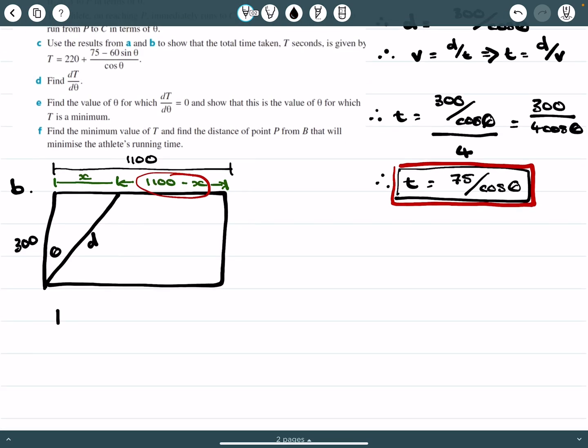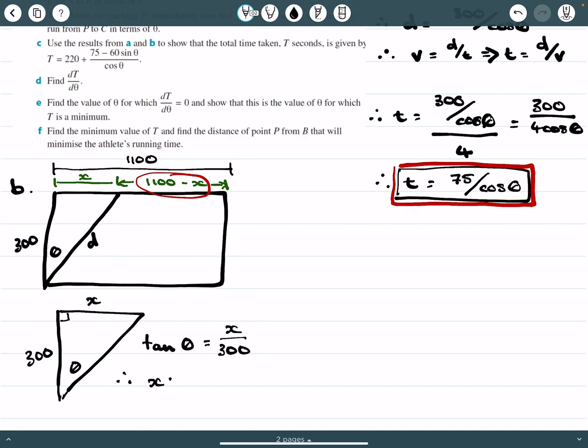Now, I want to be able to say what x is going to be equal to. So if I use a triangle here, theta, 300, x, I don't have to worry about the distance. Here I have an opposite and an adjacent, therefore tan theta equals x on 300, and therefore x will equal 300 tan theta.